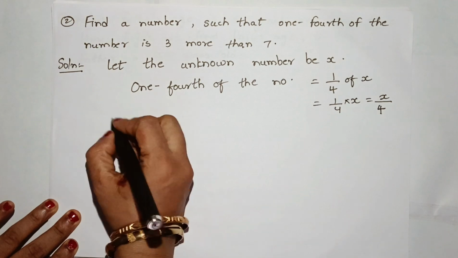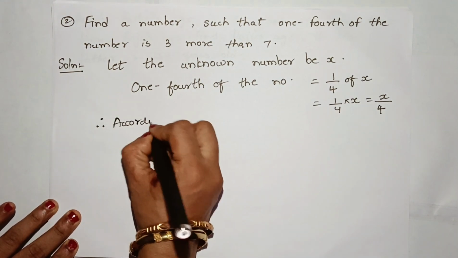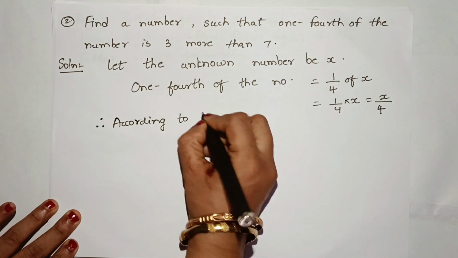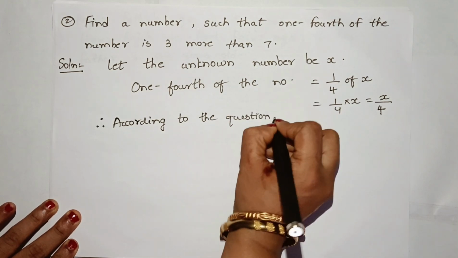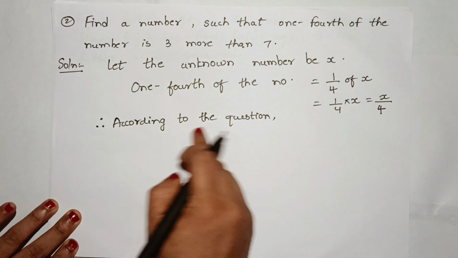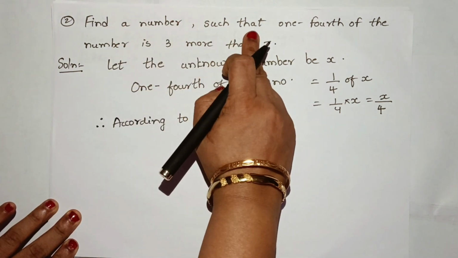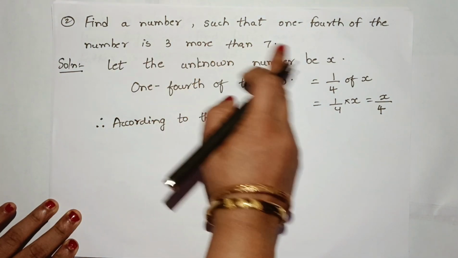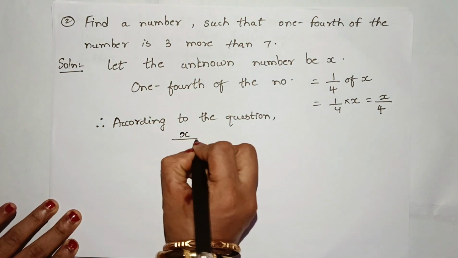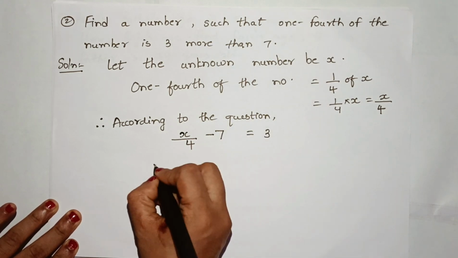Now we have to frame the equation. Therefore, according to the question, or in place of this you can write, therefore the equation formed is, okay, find a number such that 1/4 of the number is 3 more than 7. x by 4 minus 7 equals 3.